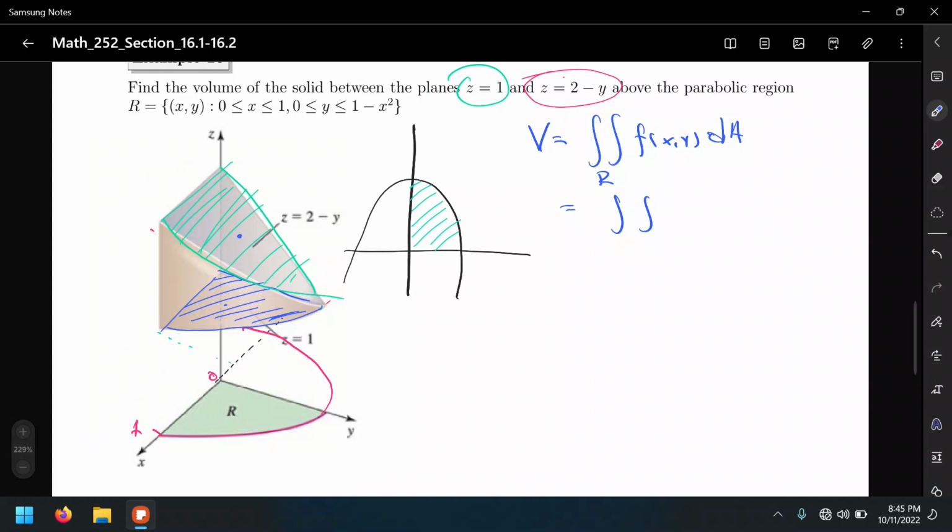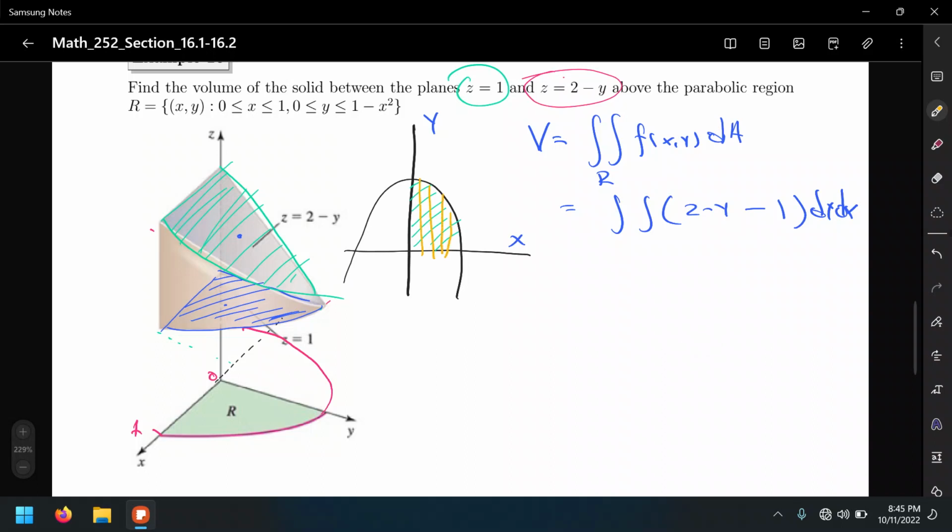So that's going to be the taller, which is 2 minus y minus 1 dy dx. And well, the integration in the y direction. So let's go back to our 2D graph right here. Again, this region is of course vertically simple because the parabola is always at the top of the x-axis, right?